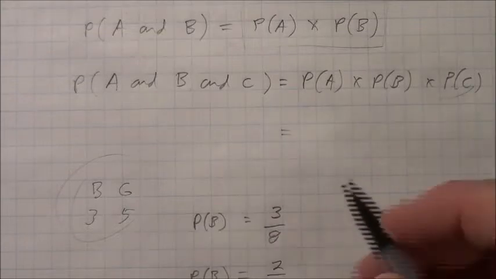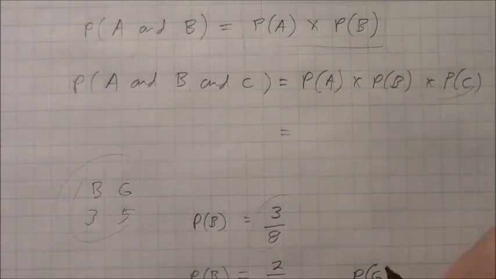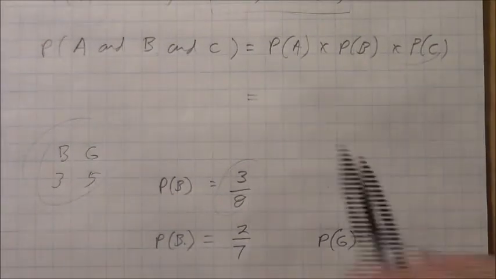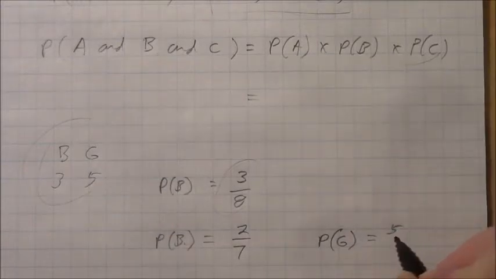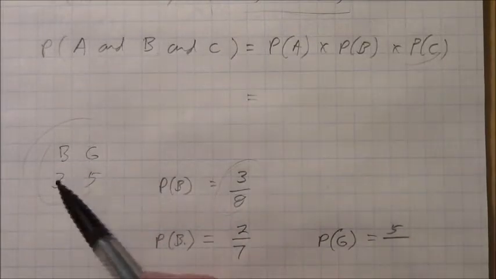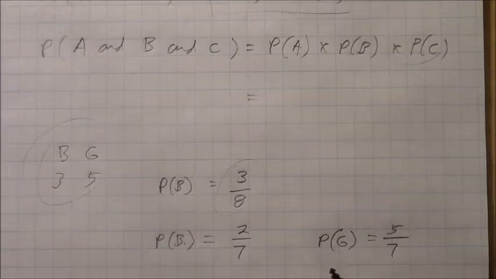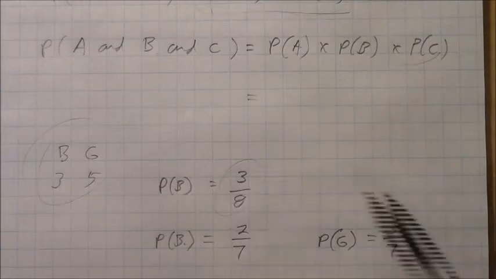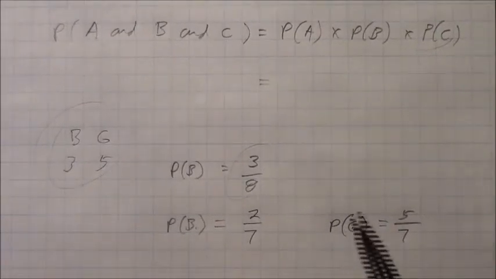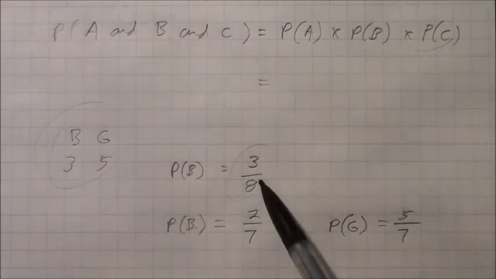Or, conversely, if we chose the blue marble first, and then we wanted the probability of a green marble, there are still 5 green marbles, but now there's a total of 7 altogether because one of the blue marbles has been taken already, so the probability of pulling out a green marble is 5 over 7. So this is an example of a dependent event. It's a compound event because there are 2 things happening, but it's dependent because the second probability depends upon what happened in the first.